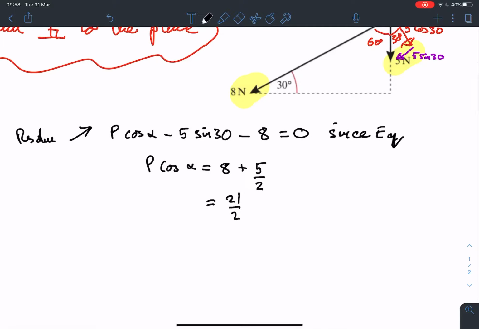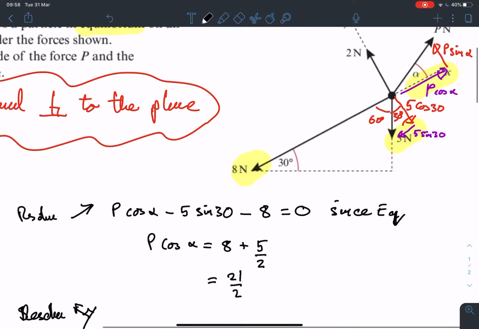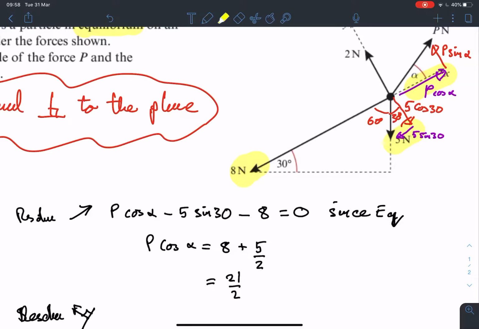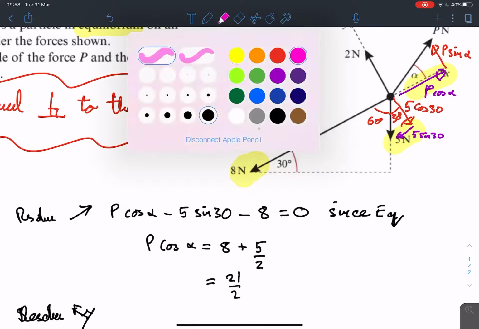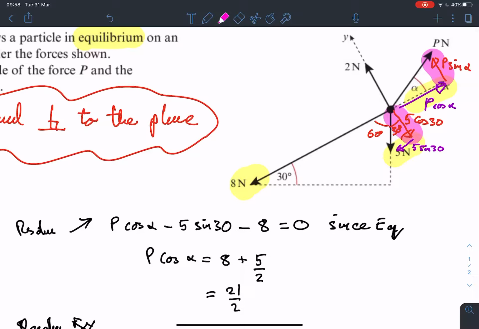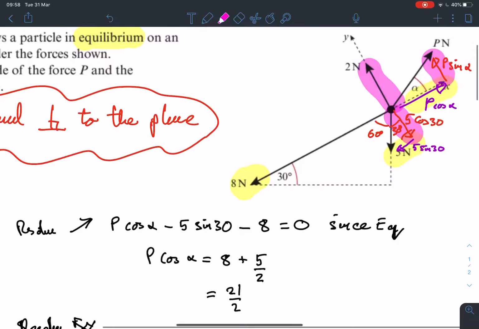Okay, now we're going to resolve perpendicular to the plane. When we do that, we'll go back to the diagram and let's see which forces we need to pick out here. So these are perpendicular, perpendicular and perpendicular.